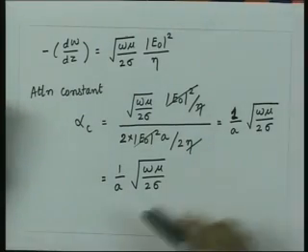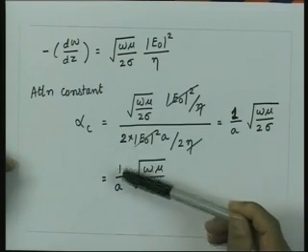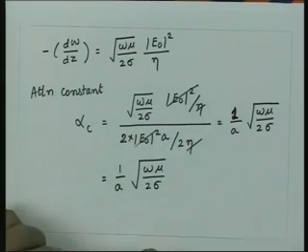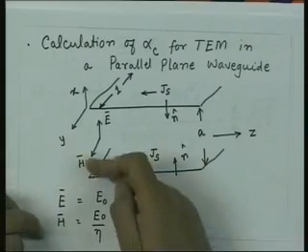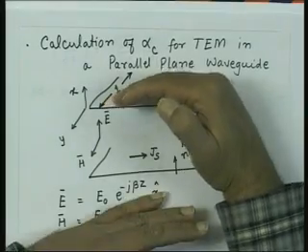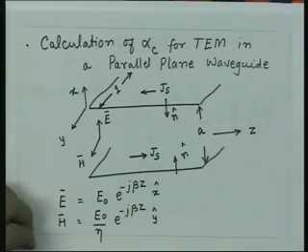A few things can be observed here, and that is the attenuation constant is inversely proportional to the height of the waveguide. And that makes sense here, because if you consider the parallel plane waveguide, since magnetic field is not varying as a function of height, function of x, no matter what is the separation between these two planes, the power loss per unit length is the same, it does not change.